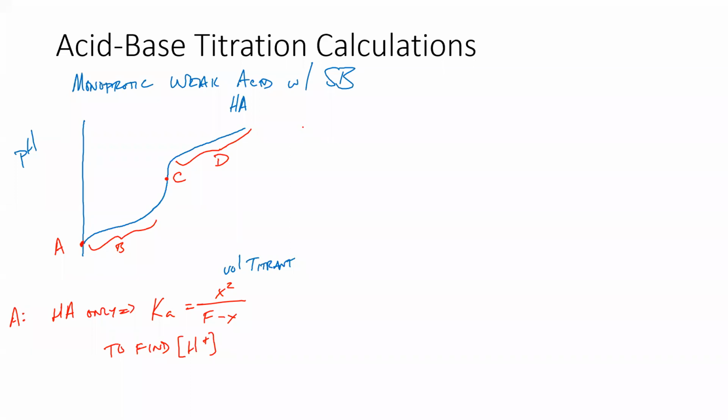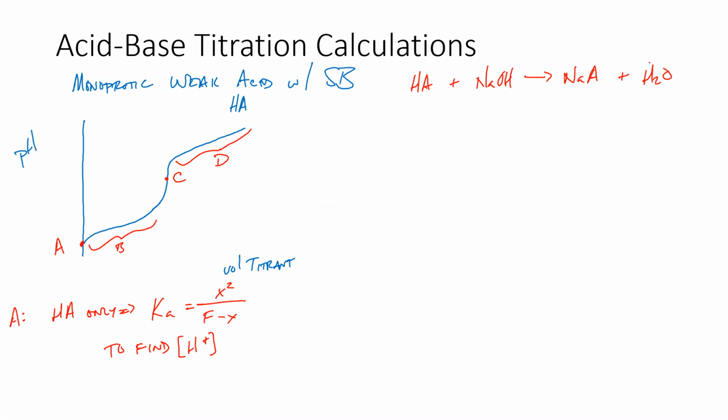All right. Now, to talk about point B, I'm just going to write up here a generic reaction. For my strong base, I'm going to use NaOH, and this is going to react to form NaA plus water.